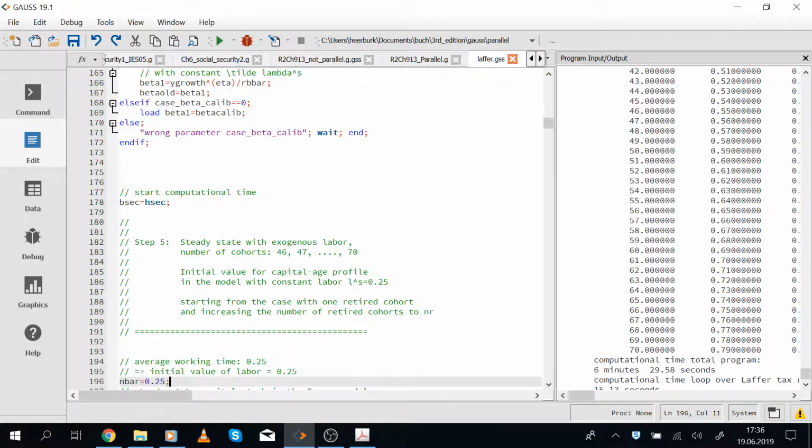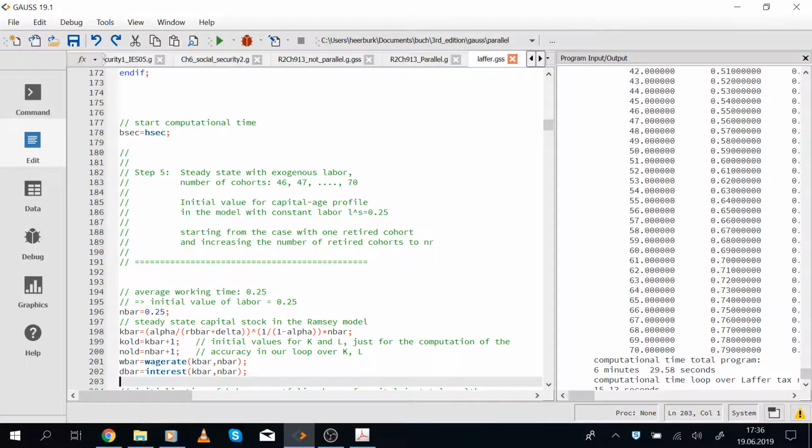In step 5, we start to find an initial value for our nonlinear equation problems. And as described in the previous part of the tutorial, we start from a 46 overlapping generation model where 45 cohorts are workers and the last cohort is a cohort of retirees. The reason to do this is because this model is very akin to a Ramsey model with finite horizon.